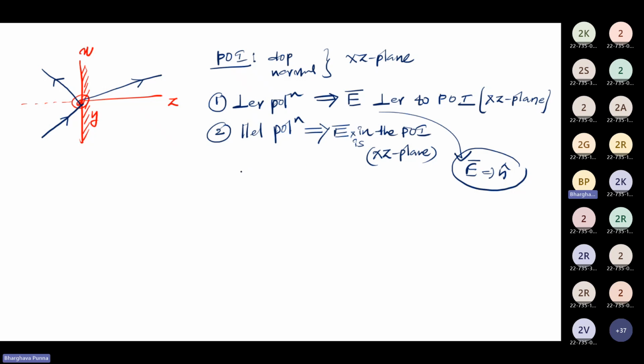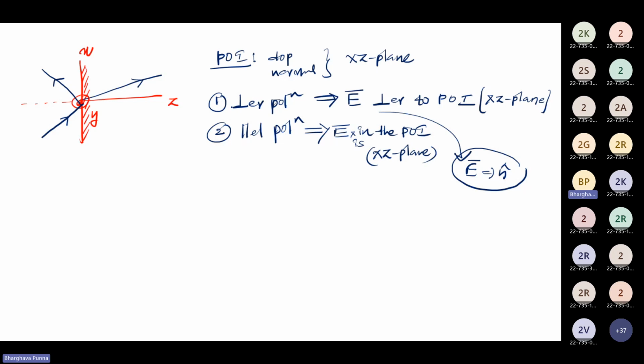Some other names are also given for perpendicular polarization and parallel polarization. At this moment I'm not touching them, you will be confused. When you come to the offline classes, at that time I will tell. Perpendicular polarization can be taken like horizontal polarization, or TE polarization.